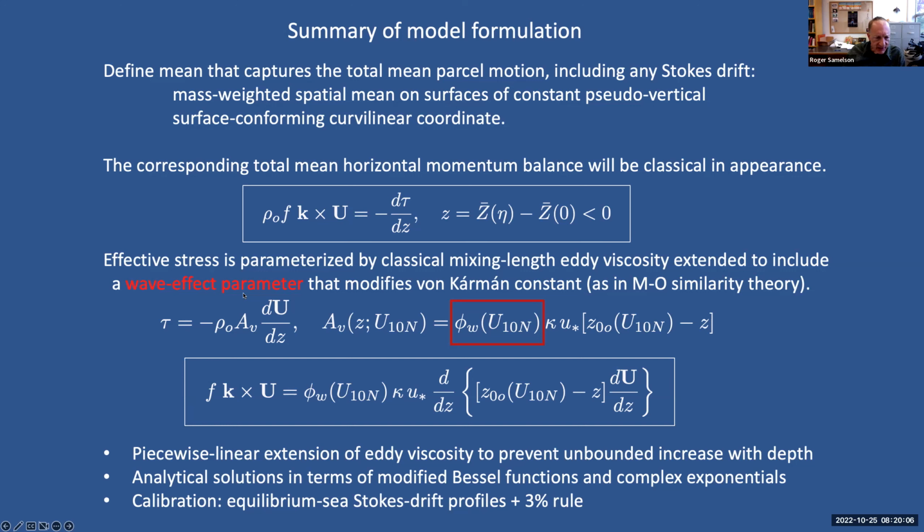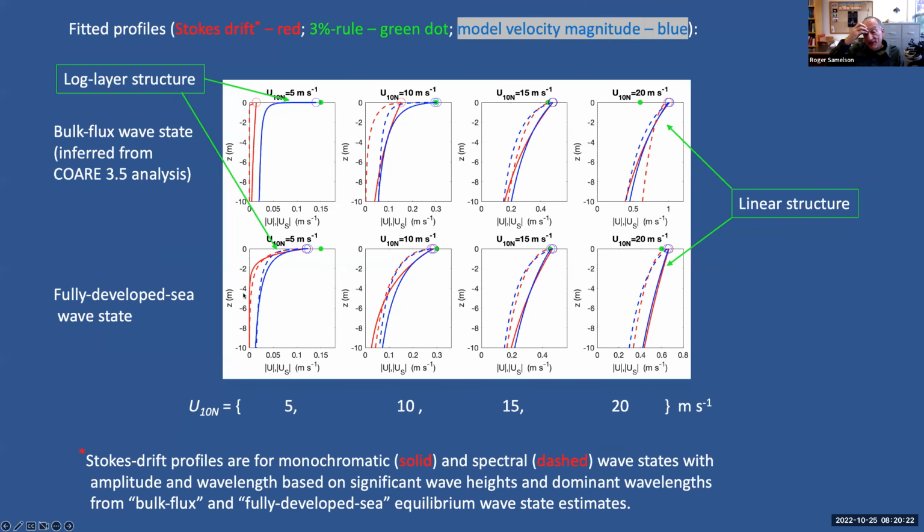And now the question of the calibration. What I do for this calibration is pull together two things. I didn't feel that the data were really adequate at this point to try to do this directly. And so instead, it seems to me there's a lot of evidence of various sorts that the Stokes drift profiles say something significant and important about what the drift is actually near the sea surface.